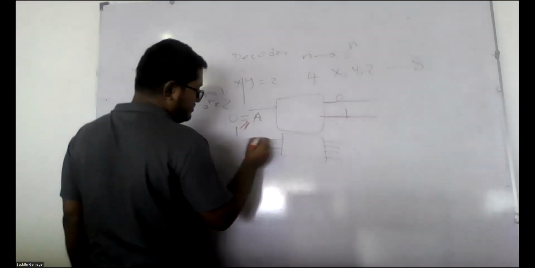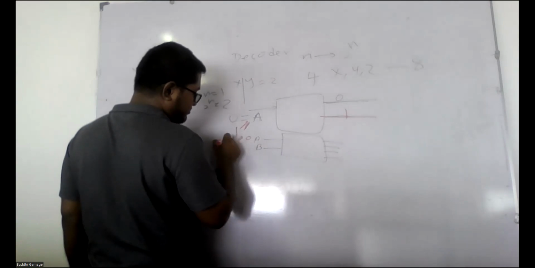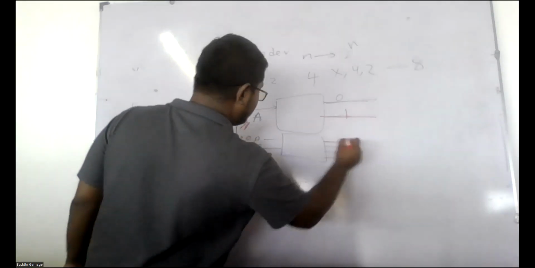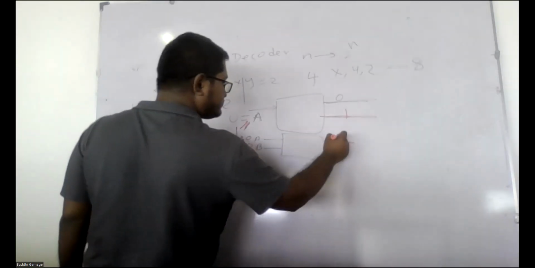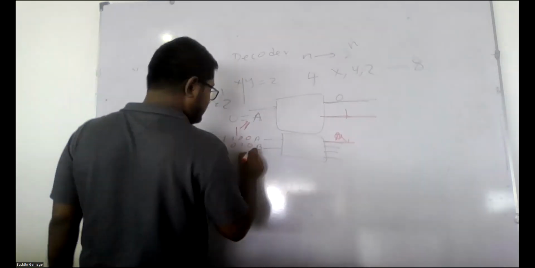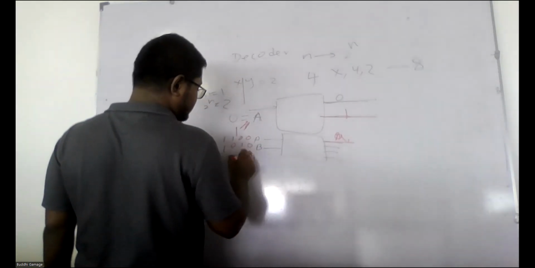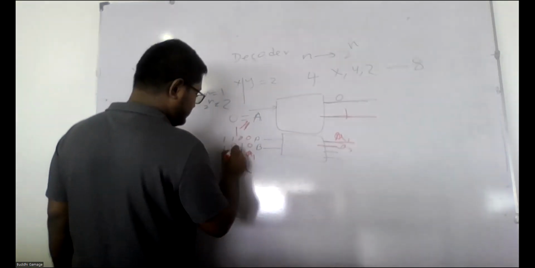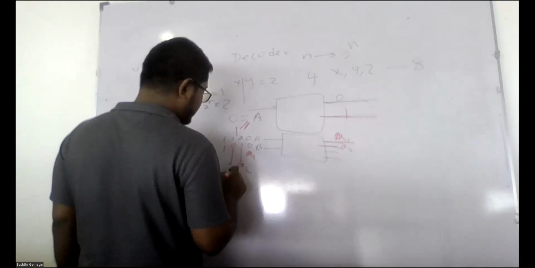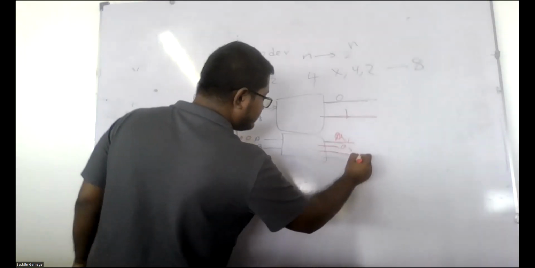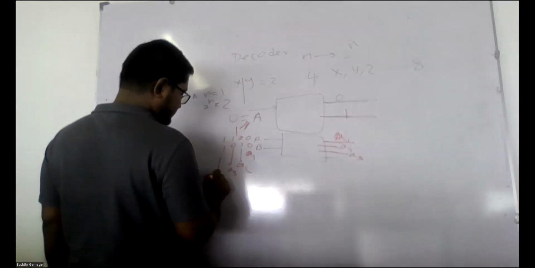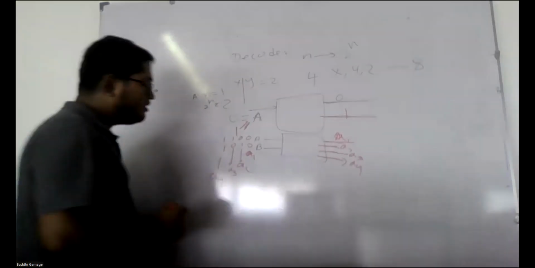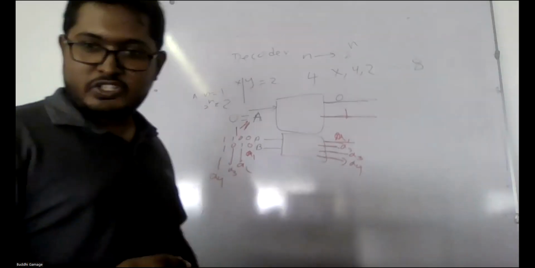Likewise, for 0 0, this line will work. If it is 0 1, then only this one should work. If it is 1 0, then only this one. If it is both 1, 1, then only this one is allowed. Right?